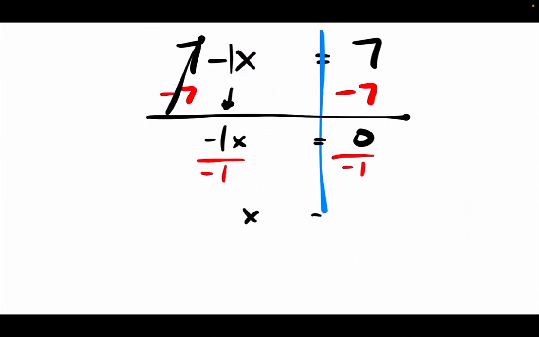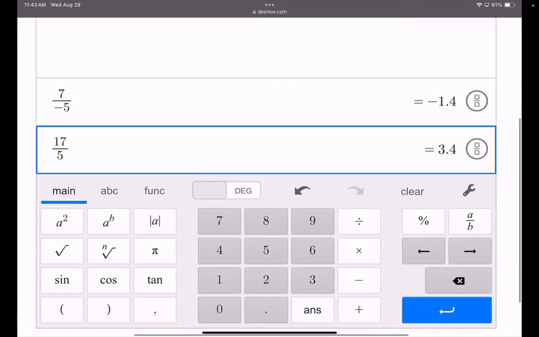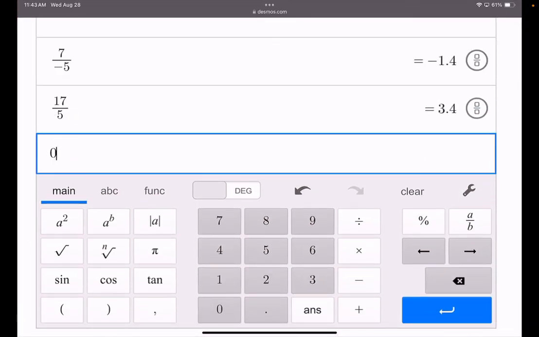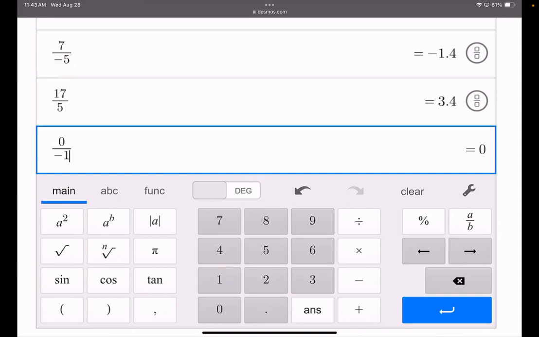Zero divided by -1. Well, if you don't know that, go to your calculator. Your calculator will always help you on problems like that. 0 divided by -1, my calculator says the answer is just 0.